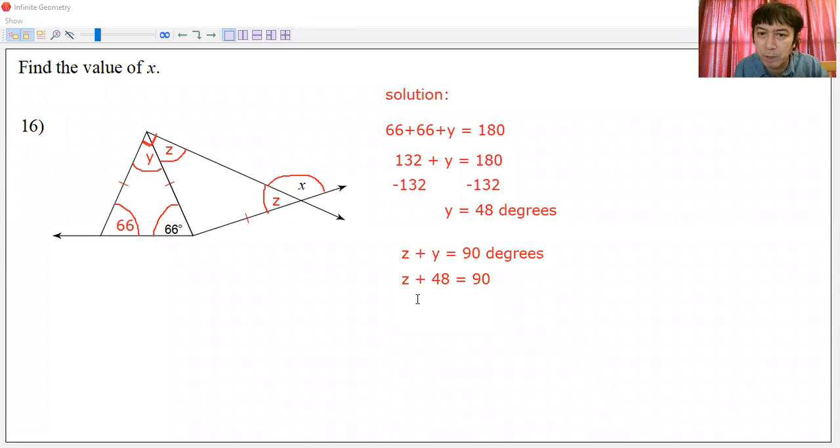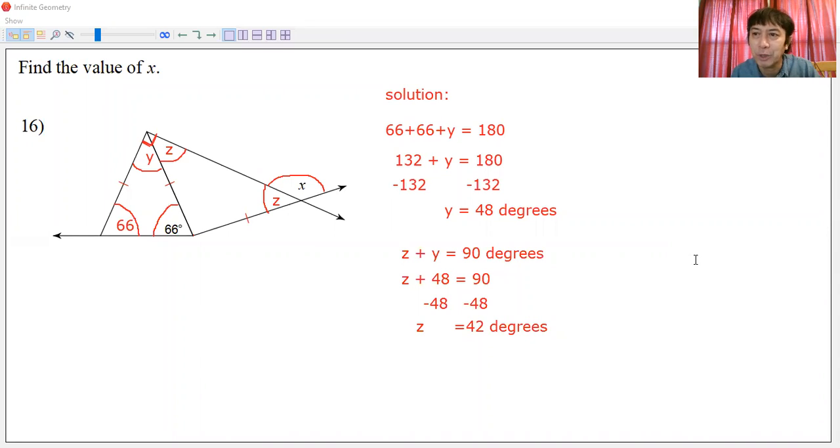So we subtract 48 from both sides and z is obtained. Z is equal to 90 minus 48, and that should be 42. Now we have our z.